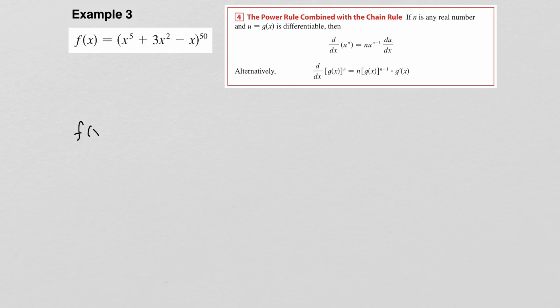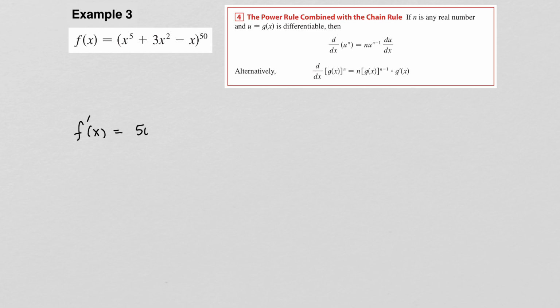So f of x is x to the 5th plus 3x squared minus x, quantity to the 50th power. So the derivative, since I have a power outside, is going to involve bringing the 50 down in front of here, subtracting 1 from 50, which of course gives us 49, and then multiplying by the derivative of the inside.